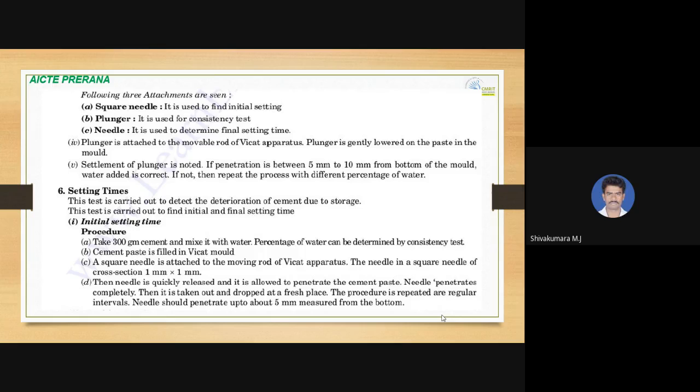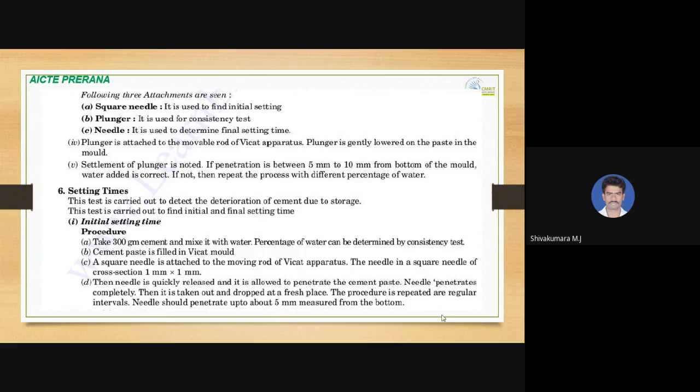This elapsed time is known as initial setting time. It says that within this specified time, the cement products, that is cement concrete, should be mixed, transported, placed and finished.